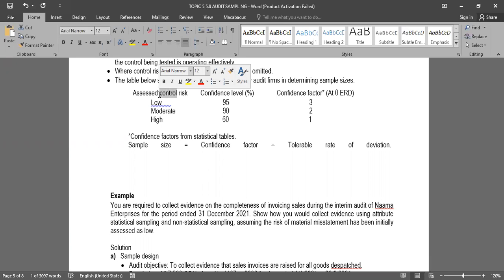It says assess risk reduction required. Yes, so it also says that when you need to reduce the risk so seriously, you want to consider a confidence level of 95%.